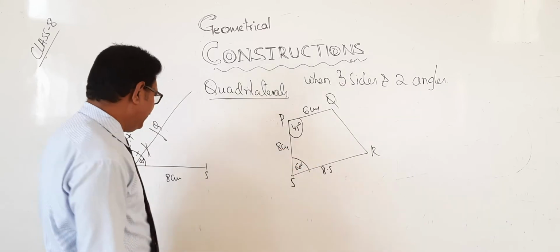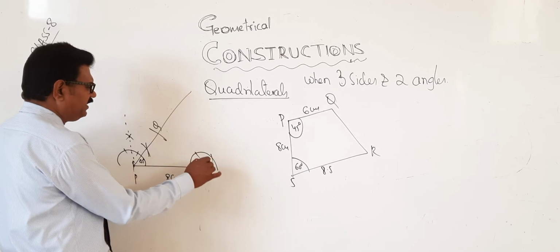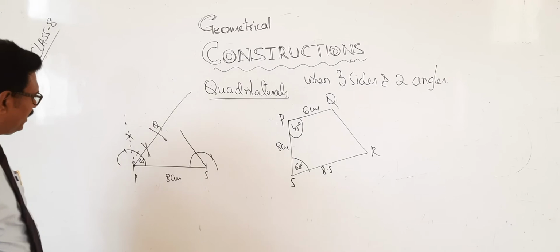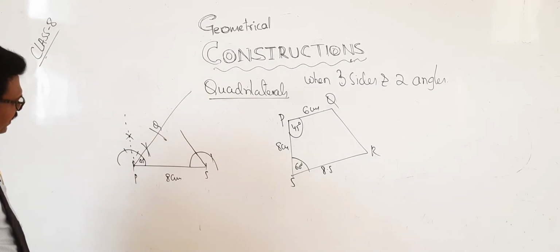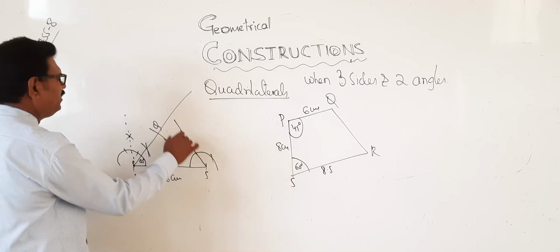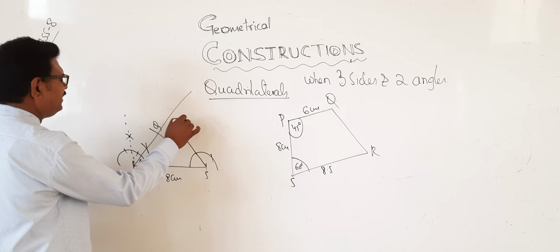Next one. SR, how much? Angle S, how much is there? 60 degrees. It is nothing but 60 degrees like this. Now how many centimeters is it? 8.5. For example, it will cut like this.